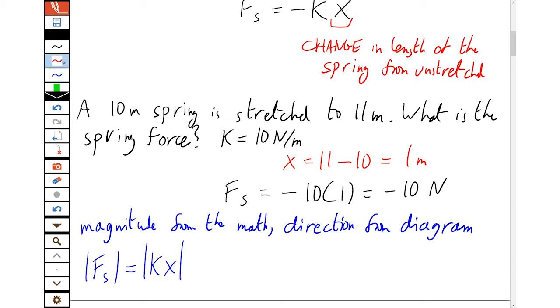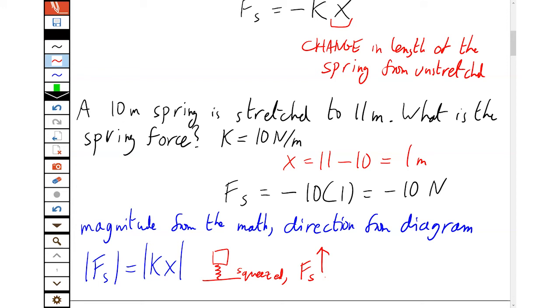But if I need to find its direction, well, if I have a block squeezing a spring, I know if that spring is being squeezed, then the spring force is going to be up. I don't need to be juggling all the pluses and minuses of, okay, the equation has a minus and the y-axis is up plus and the change in length here would be negative.